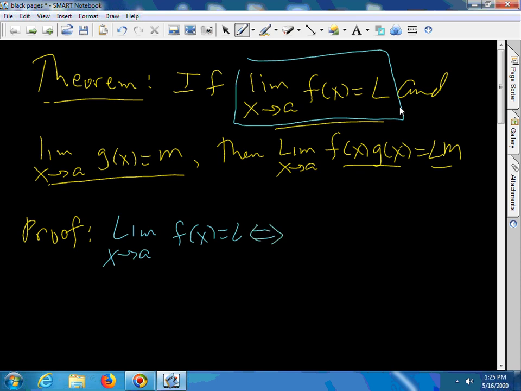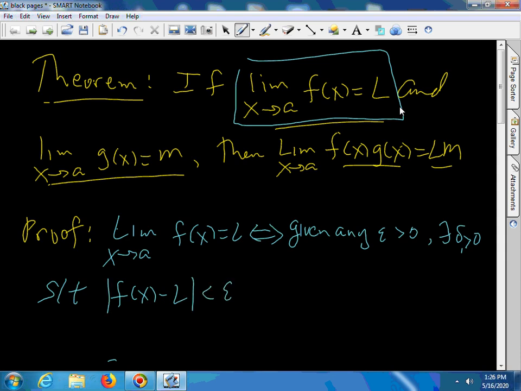That means, given any epsilon greater than 0, there does exist a delta 1 greater than 0 such that the difference between f of x and L is less than the given epsilon whenever the absolute value of x minus a is less than delta 1 and x cannot equal a.